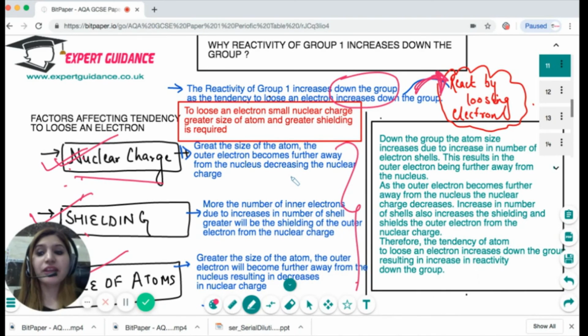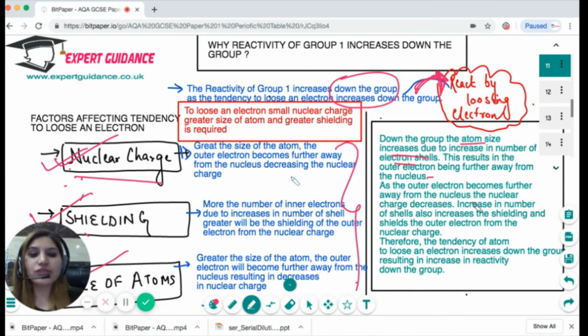Remember, when you get this question, you need to talk about these scientific terms: the nuclear charge, shielding, and size of the atom. So I'll summarize. Down the group, the atom size increases due to the increase in the number of electron shells. This results in the outer electron being further away from the nucleus.